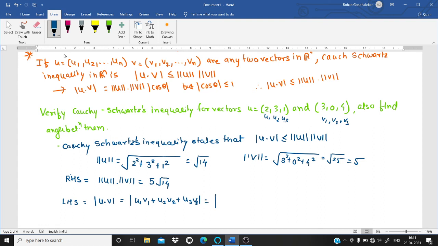Hence it gives u1 into v1, that is 2 into 3, 6, plus u2 into v2, that is 3 into 0, 0, plus 1 into 4, 4. So it is modulus of 10, and the modulus of 10 is 10 itself. So of course 10 is less than 5 root 14. Hence this implies modulus of u dot v is less than or equal to norm u into norm v.